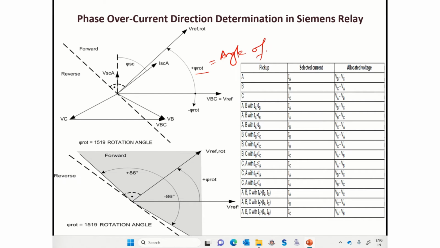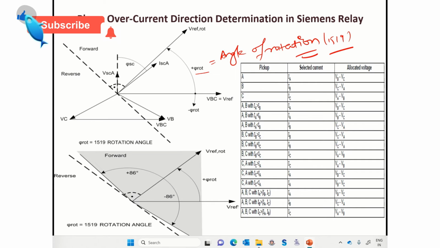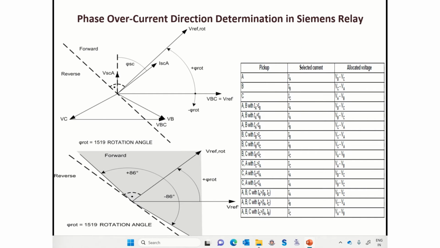This angle of rotation is basically the same as RCA, and in this relay it is setting 1519. This angle of rotation is basically the rotation angle of the fault current from the reference voltage in the anti-clockwise direction. Why anti-clockwise direction? Again, because anti-clockwise direction is our positive direction, and we have already discussed that this relay is using reference voltage as VBC.